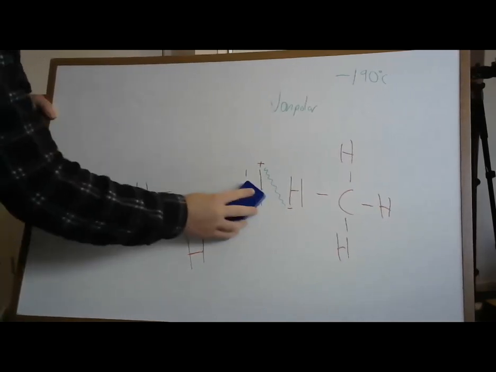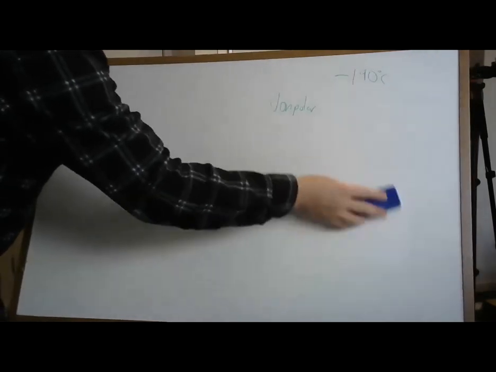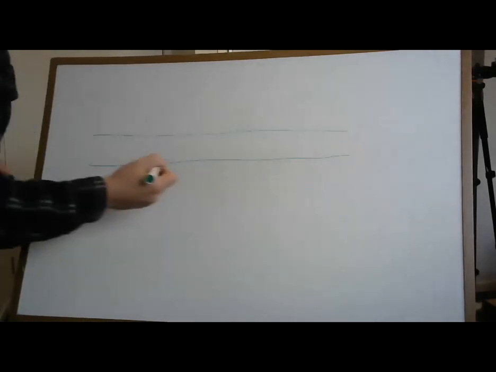So we have straight chain and branched molecules. So straight chain is like this, goes across. We then have another straight chain molecule this way.